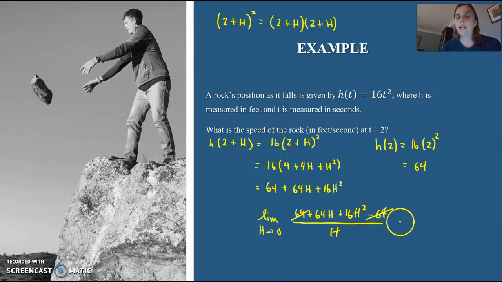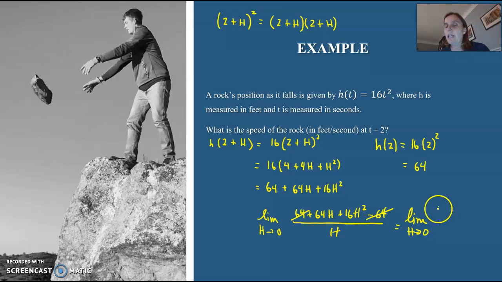And so the more work I have to do is factoring. I notice that I have a GCF in the numerator. So I'm going to rewrite this a little bit. Limit as h goes to 0 of h times 64 plus 16h, and then all of that is over h.